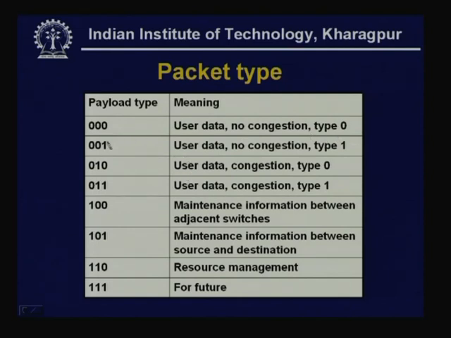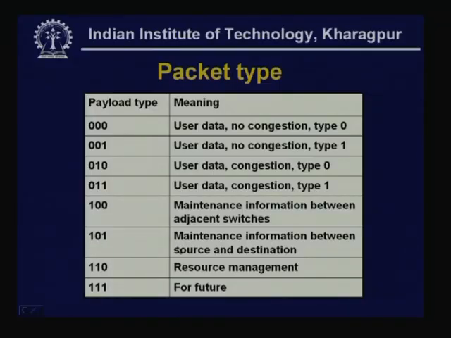On the other hand, whenever this bit is 1, it is user data, no congestion, and type 1. Whenever this bit is set to 1, user data congestion has occurred in the network and type 0, and whenever this is 1, it is type 1. When this is 100, it is maintenance information between adjacent switches. That means the two switches can exchange some information, and that management information is specified with the help of this payload type 100.